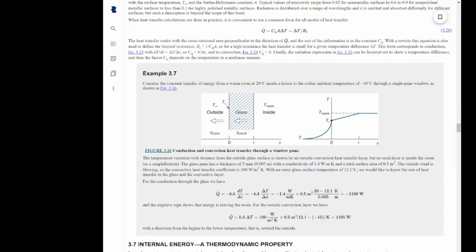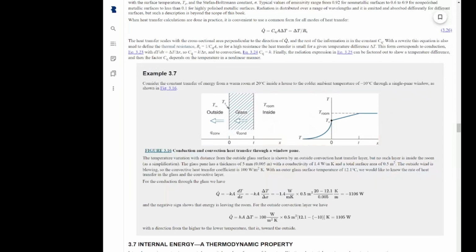This is the actual thickness of our glass. We use the thermal conductivity K that was given, and we have the area here. That comes out to be minus 1,106 watts. The negative sign just indicates the direction of the energy transfer.